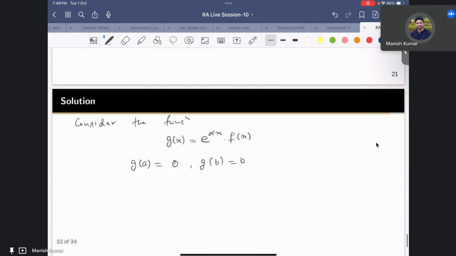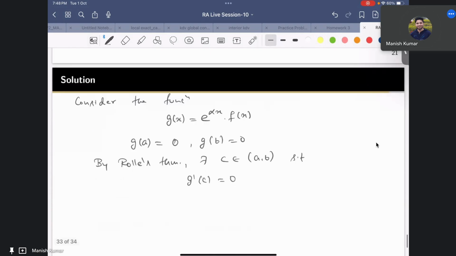Then by Rolle's theorem, there exists c belonging to (a, b) such that g'(c) = 0.